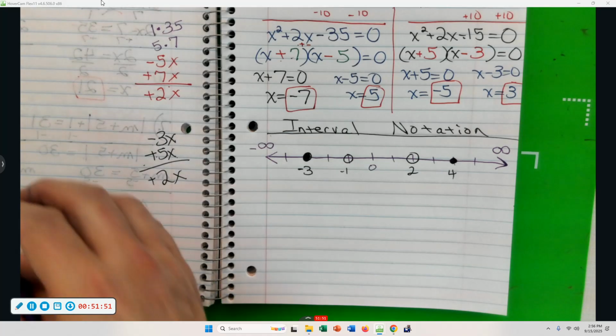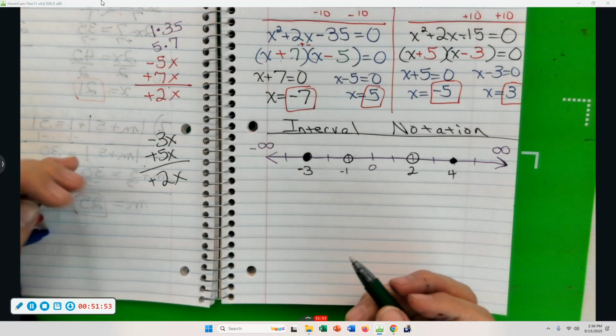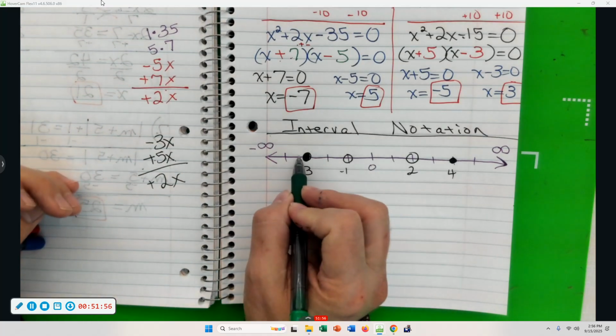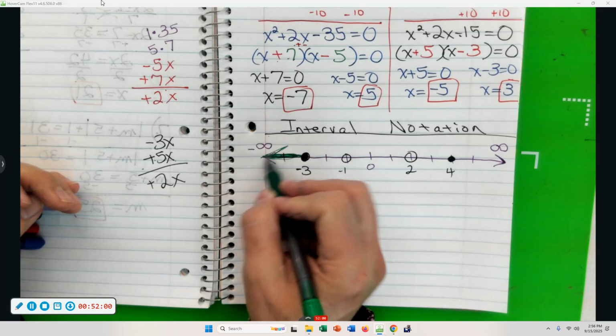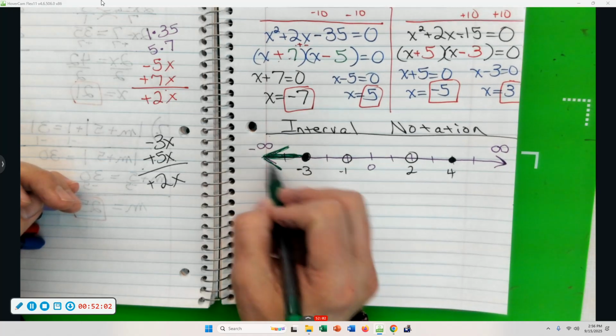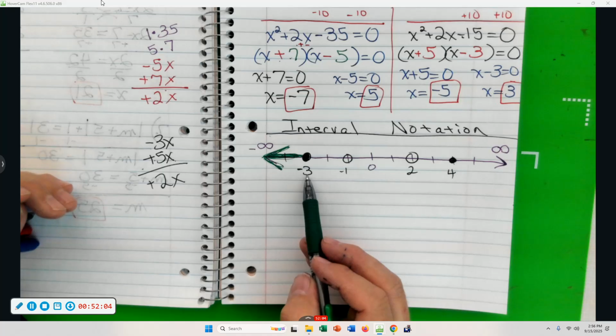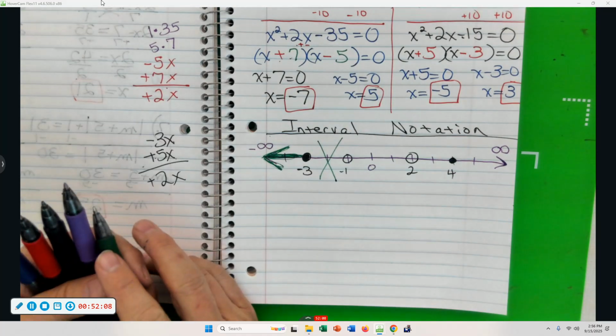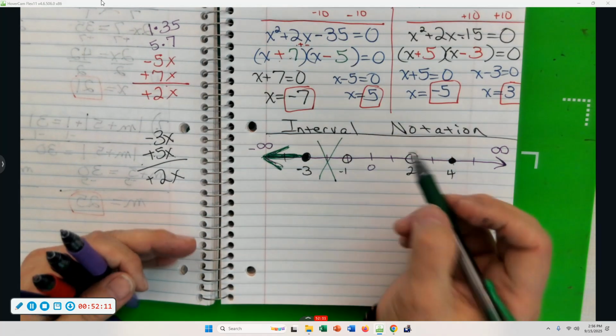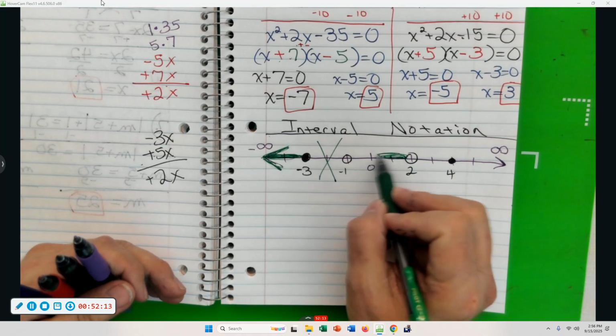And just for this sake, I think I'll assume an alternating pattern. I'm going to say it's true here, so we're shading it. The next interval from -3 to -1, that's false, so we cross it out. We do a little more magic and decide to shade this interval.